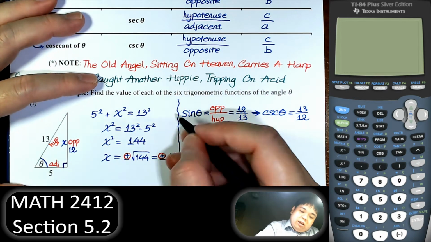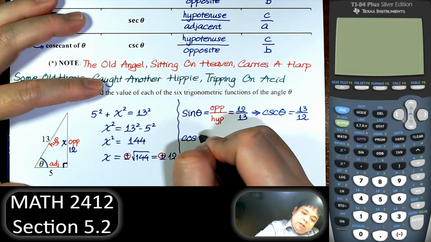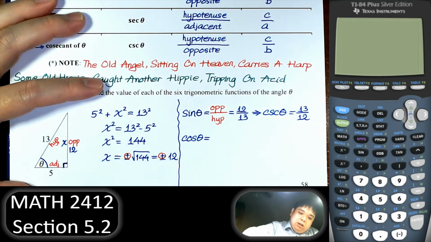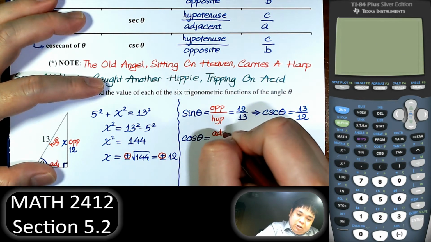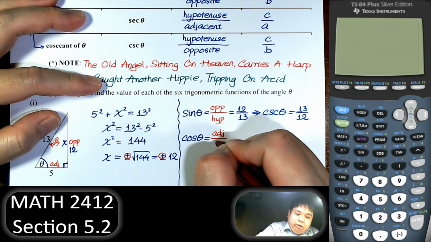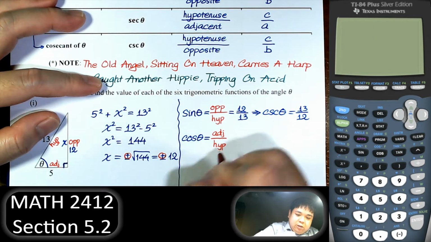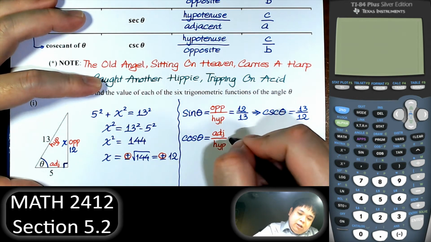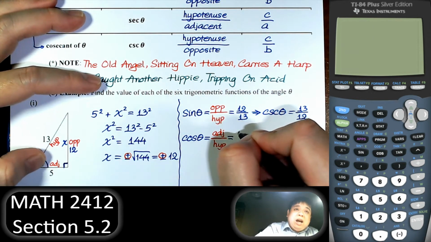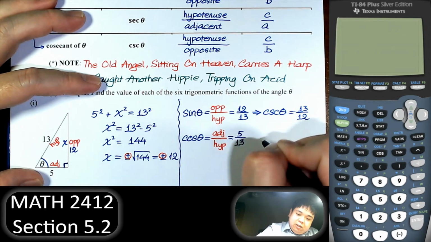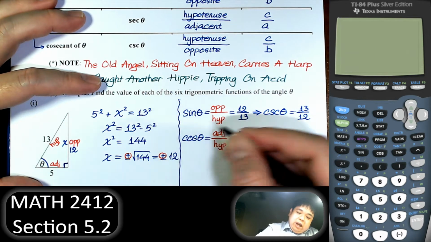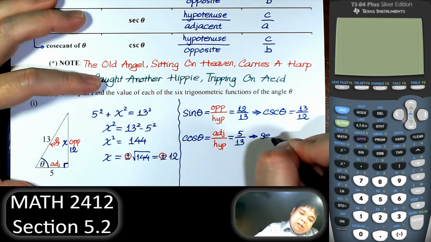Cosine is adjacent over hypotenuse. Adjacent to that angle is 5, hypotenuse is 13. And the reciprocal of cosine is secant.